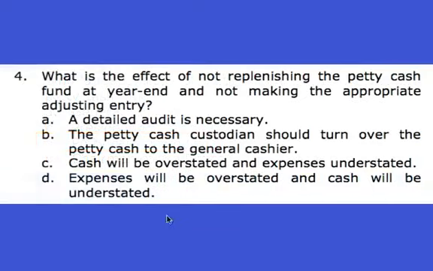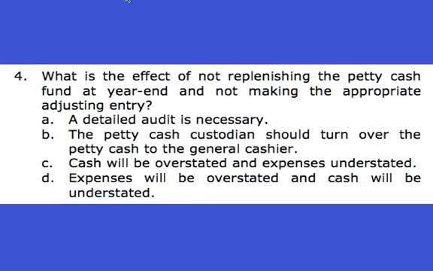Number 4. What is the effect of not replenishing the petty cash fund at year-end? Okay lang, wag i-replenish. Pero dapat may adjusting entry. Okay? Kaya lang, hindi na-replenish, hindi gumawa ng adjusting entry. Ano ba normally yung adjusting entry? Debit expenses, credit, petty cash fund. So kung hindi nagawa yung entry, anong effect niyan?